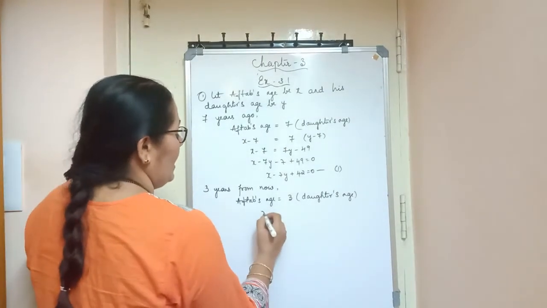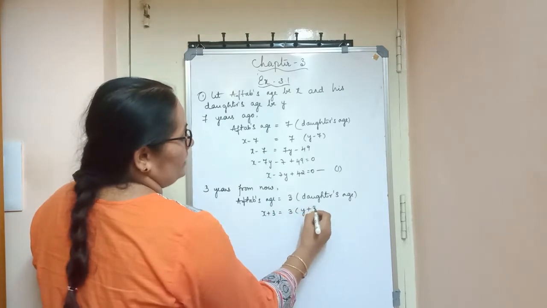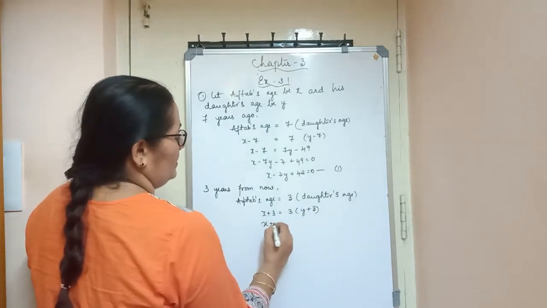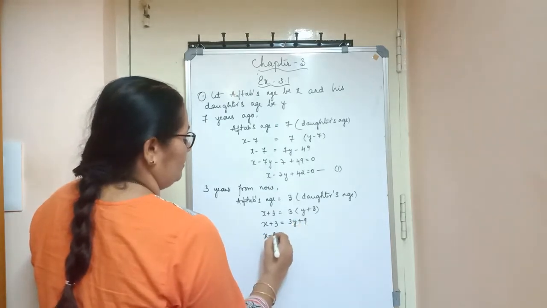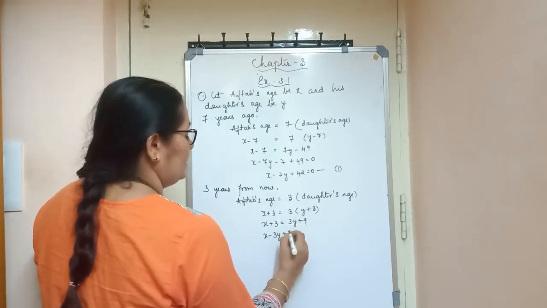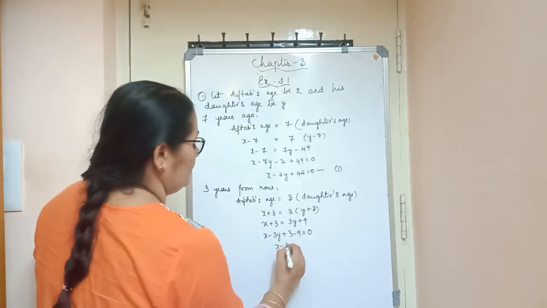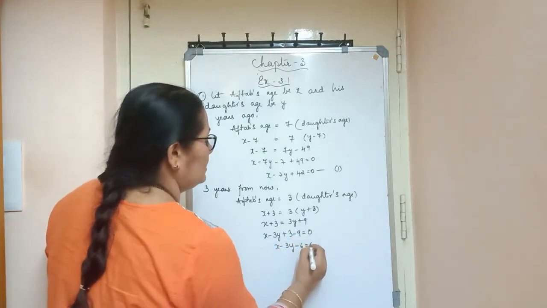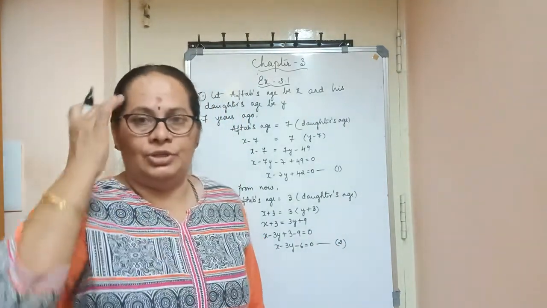So X plus 3 equals 3 into Y plus 3. So X plus 3 equals 3Y plus 9. So X minus 3Y plus 3 minus 9 equals 0. So X minus 3Y minus 6 equals 0. This is the second equation.